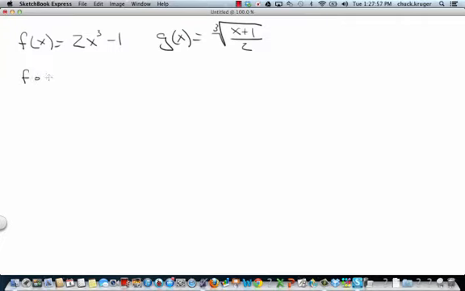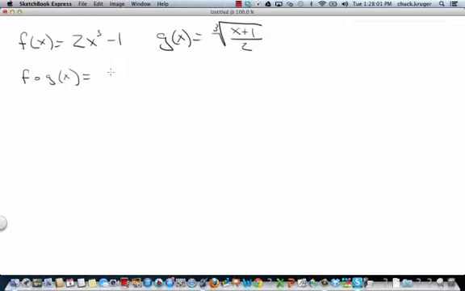Let me try another one. Let's say I have f of x equals 2x cubed minus 1. And I have this other function I'm going to call g of x, which is the cube root of x plus 1 over 2. So I'm going to do f compose g of x.